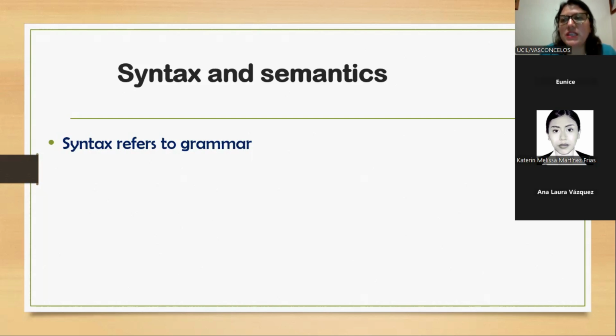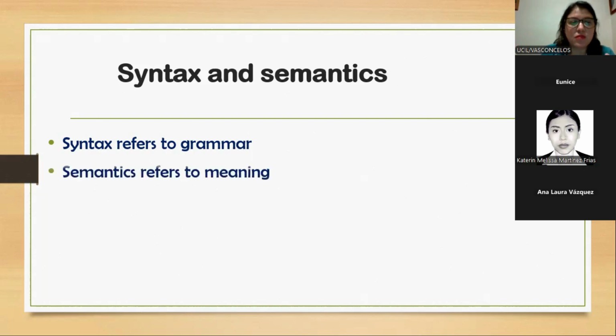Exactly. That was the way I was showing you in the previous examples, because syntax refers to grammar, that means the order in which we place each word in a sentence, and the meaning is more related to semantics. What interpretation are we going to give in that case, right?